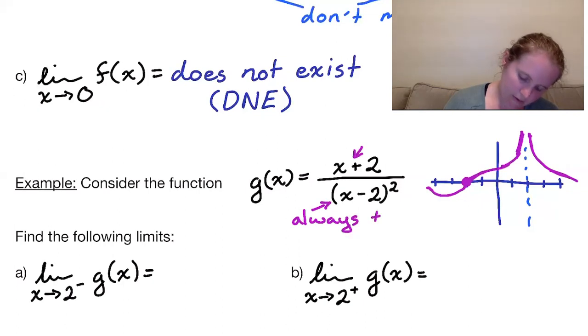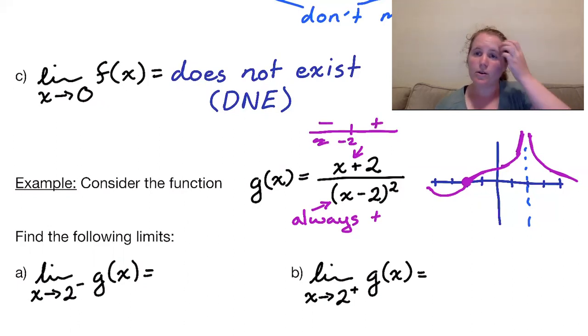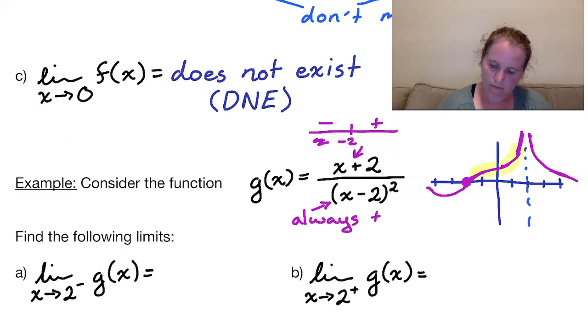And then our numerator is negative before negative 2, and then positive after. So if we're to the right of negative 2, we will always be positive, and that'll keep both of our infinite sides going off to positive infinity. So as we come from the left, we're going off to positive infinity.